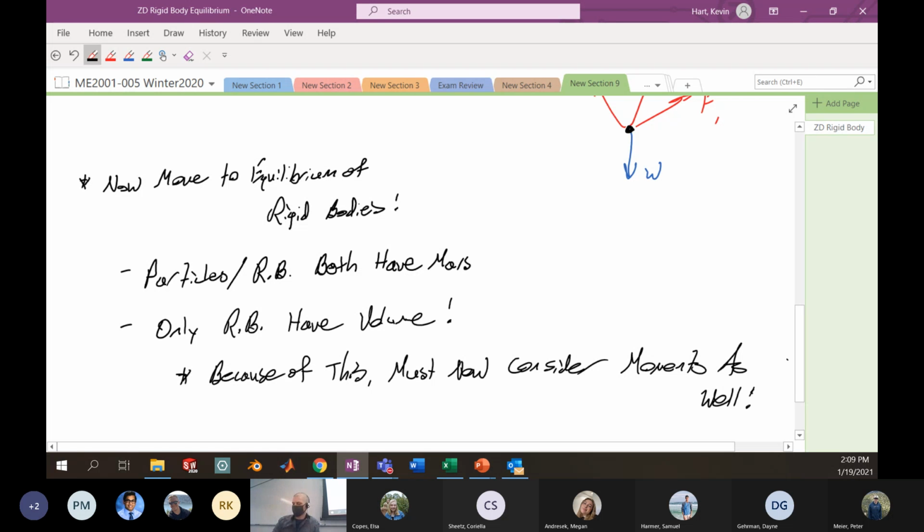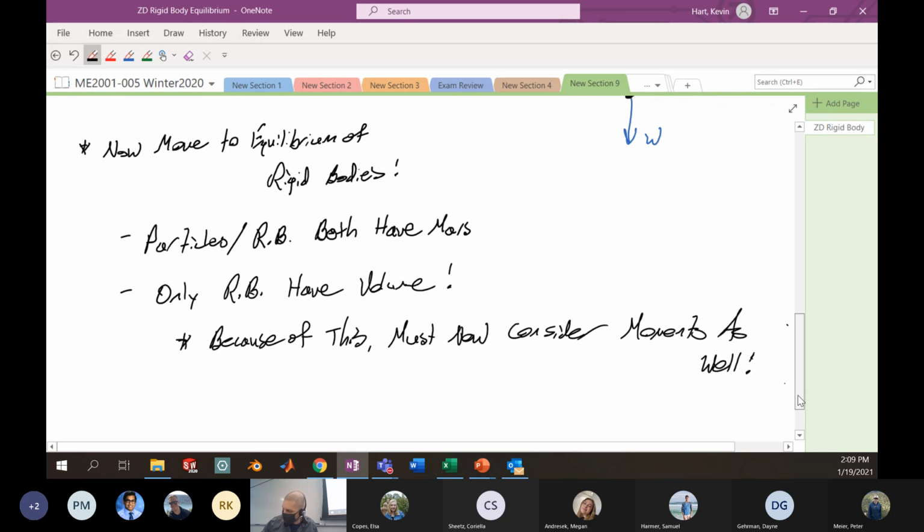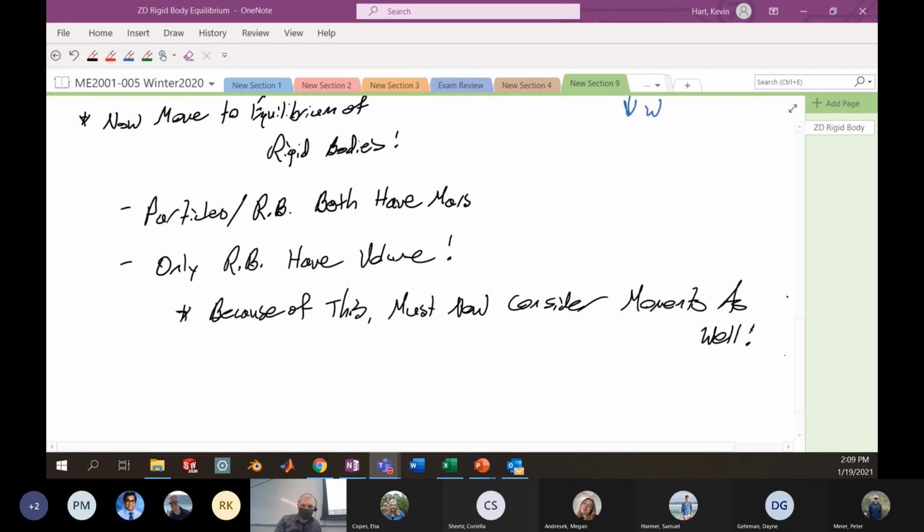Okay, so this is an important addition when we're talking about moving from particles to rigid bodies. Rigid bodies have volume, so forces can act at many locations on that rigid body and generate moments. All right, so that leads to kind of the general idea for equilibrium of a rigid body.